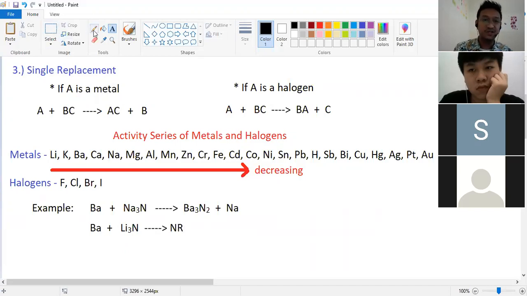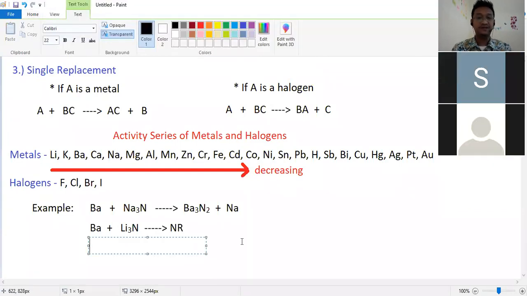Let us have our third example. All right, the third example, let's say, for instance, we have Cl2 plus AlBr3.